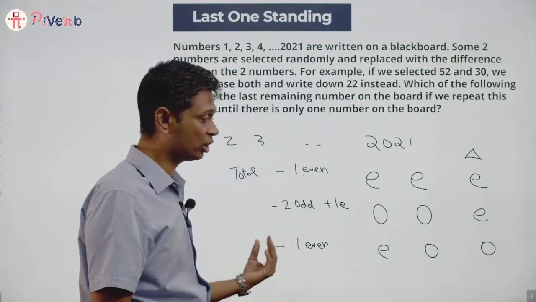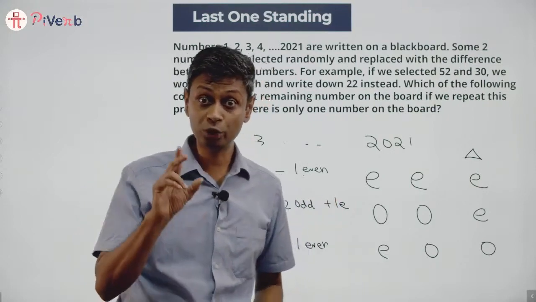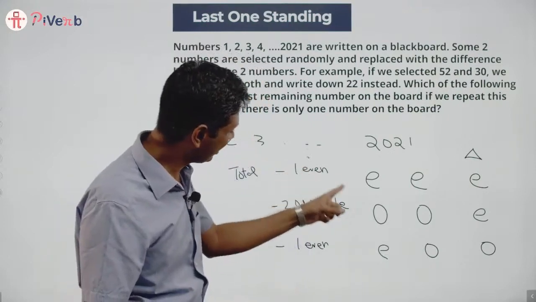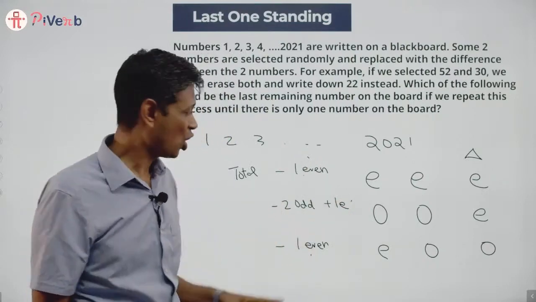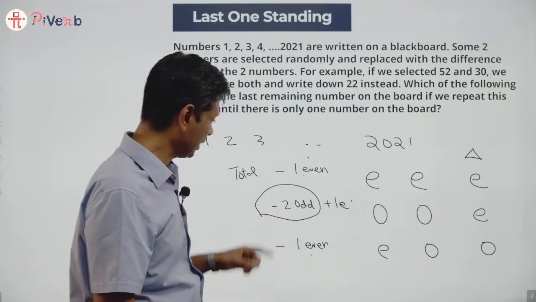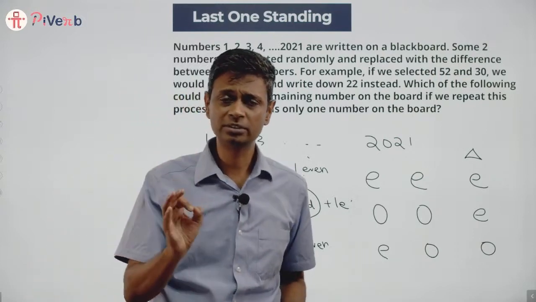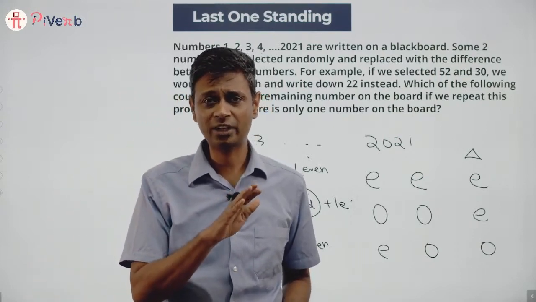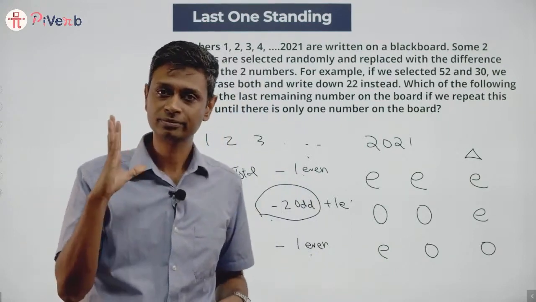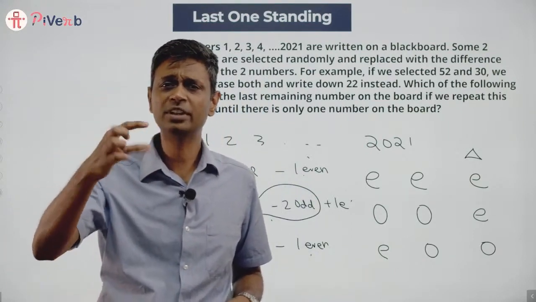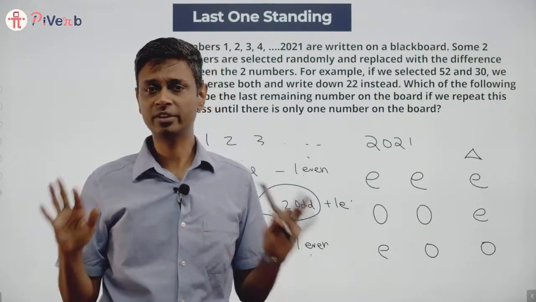The beauty here, even numbers are appearing in every transaction. And in steps of one. The number of odd numbers either does not change at all, or it drops by 2.